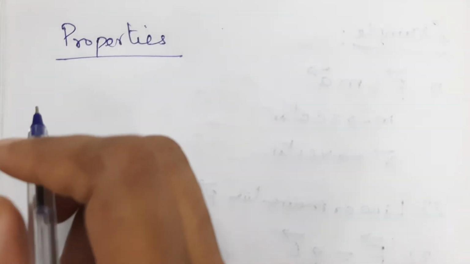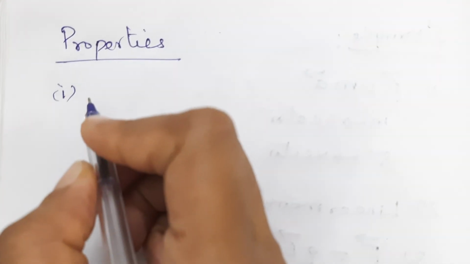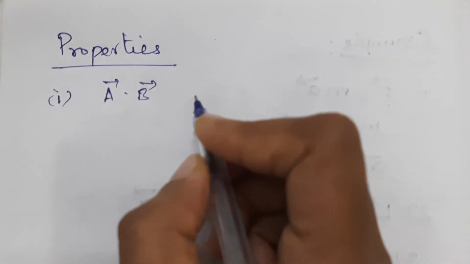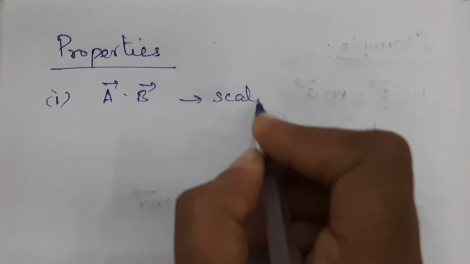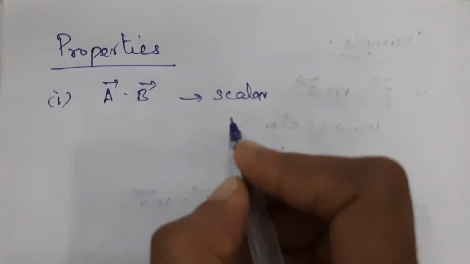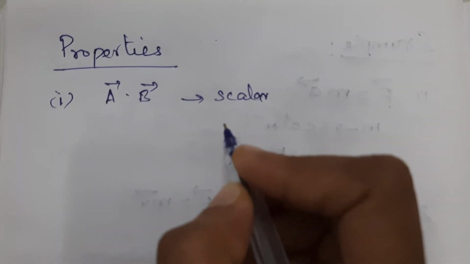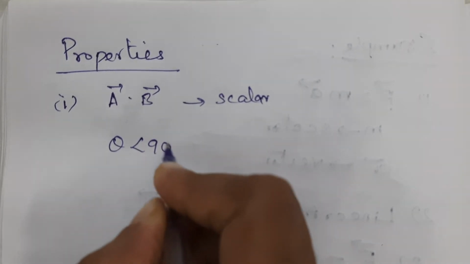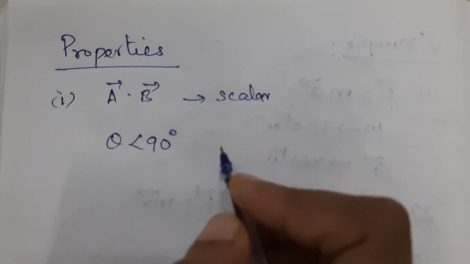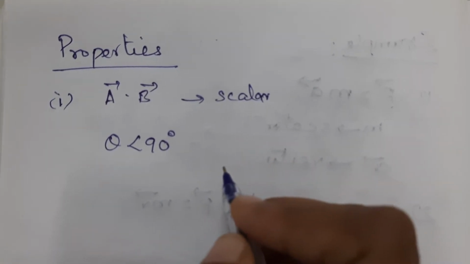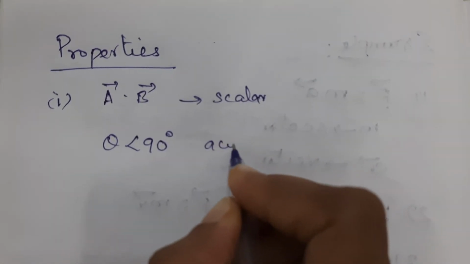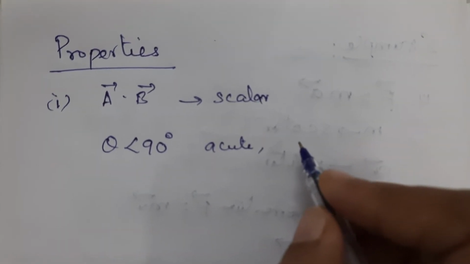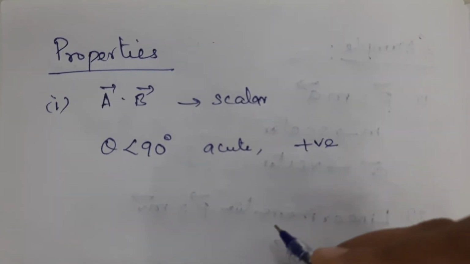Properties of scalar product. First, the product quantity A dot B is always a scalar. If theta is less than 90 degrees, that is the angle between the vectors is acute, then the scalar product is positive.